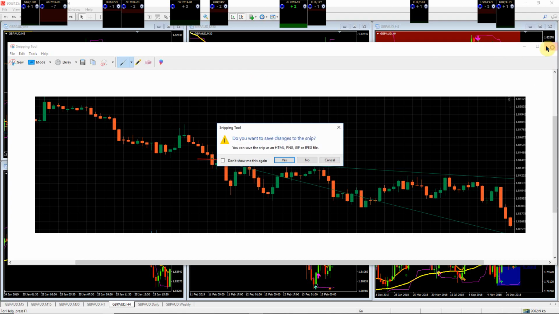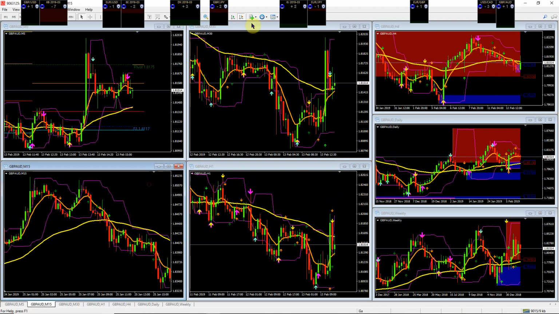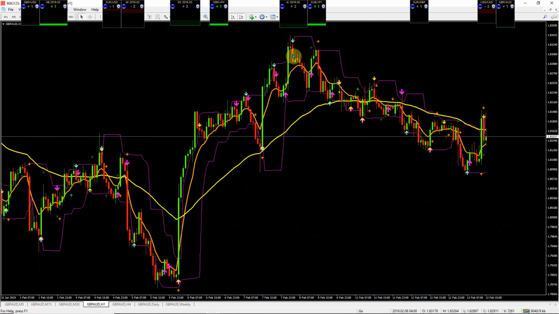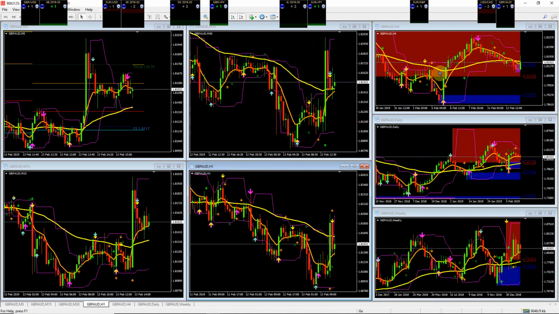When you've got a 500 pip trade, which I think it peaked at 500, I only took it to the yellow. Anyway, it was a big trade.